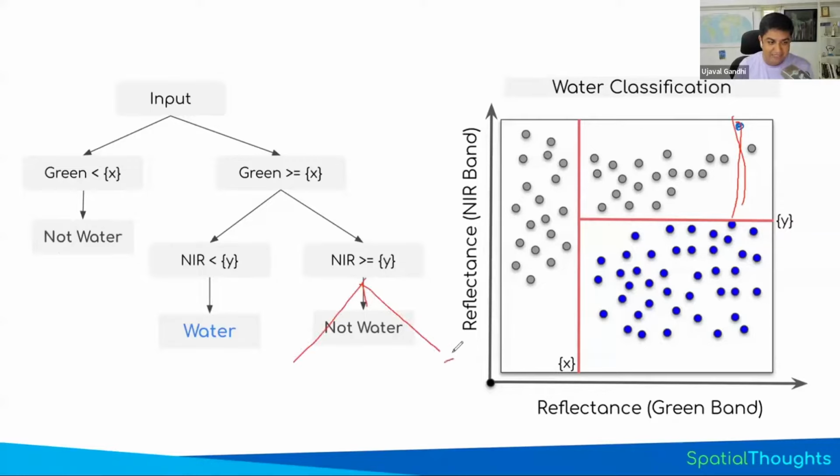Check if it's greater than Z or less than Z. If it's greater than Z, check here. There'll be another parameter, W. And if it's greater than W, then it's water. Otherwise, it's not water. So it'll build an unnecessarily complex tree to just try to fit this one data point. And you'll get this tree, which when it's trying to predict, any point that belongs here will be classified as not water, which is wrong.